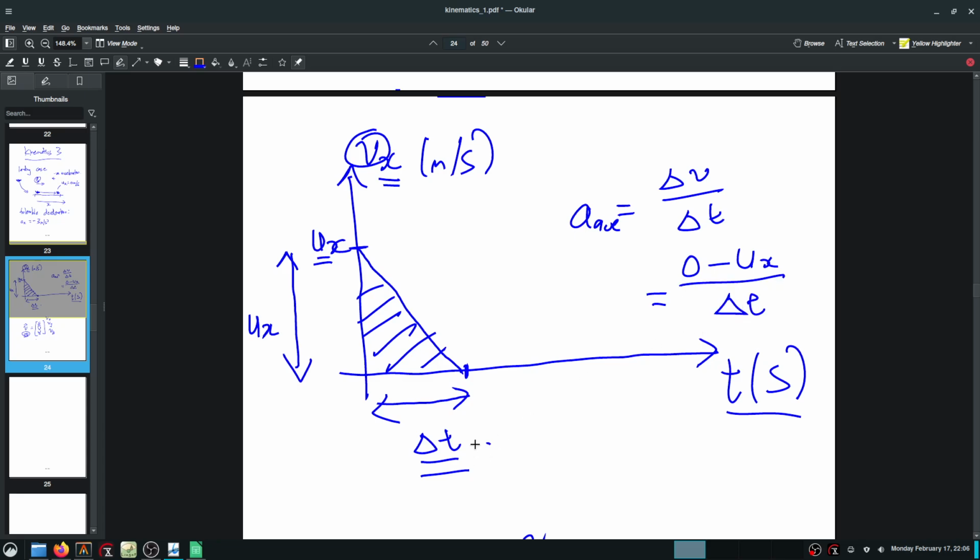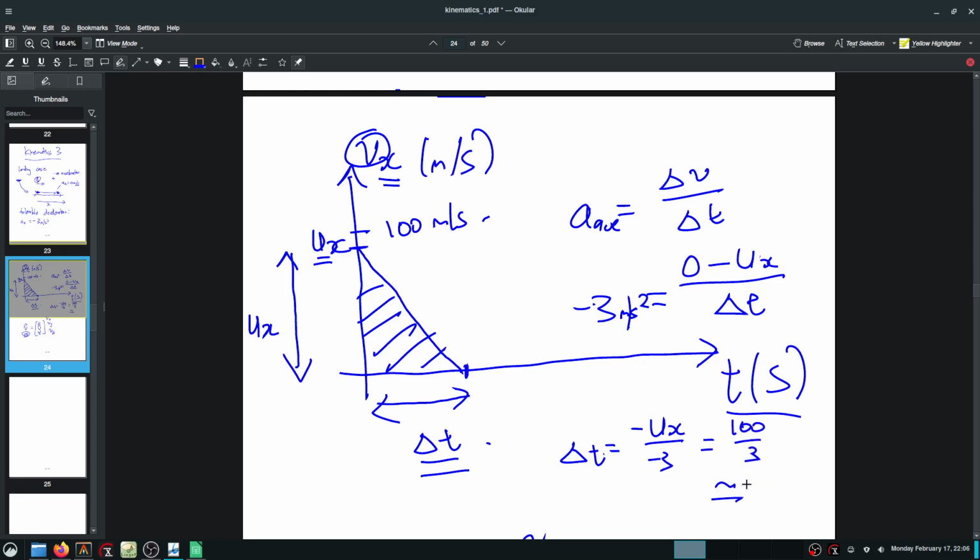So delta t is the base we need. The average acceleration will be minus 3 meters per second squared. Let's just give Ux a value of maybe 100 meters per second, so we can find what this delta t is. Delta t equals minus Ux over minus 3 equals 100 over 3.